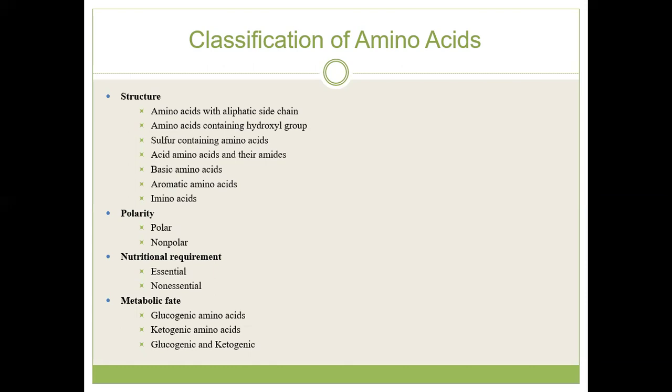There is also a classification on the basis of nutritional requirement. They were classified into essential and non-essential. Some of them are essential. Why are they essential? Because the biological system cannot synthesize them. So if an amino acid cannot be synthesized by you, that amino acid is regarded as an essential amino acid.